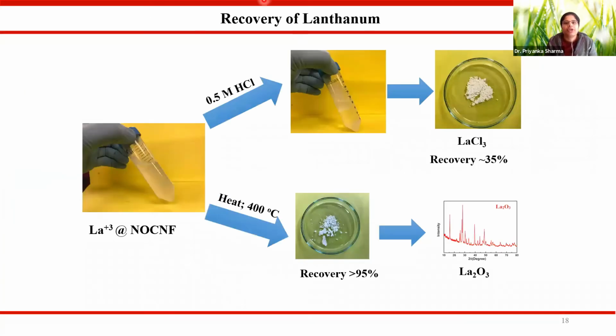And then we tried to recover this lanthanum, and we used two methods, acid treatment and burning the complex of lanthanum and NOCNF, and both gave good results. By acid treatment, we were able to recover 35% of lanthanum chloride, and in the other case, we were able to recover, I think, more than 95% of lanthanum oxide.